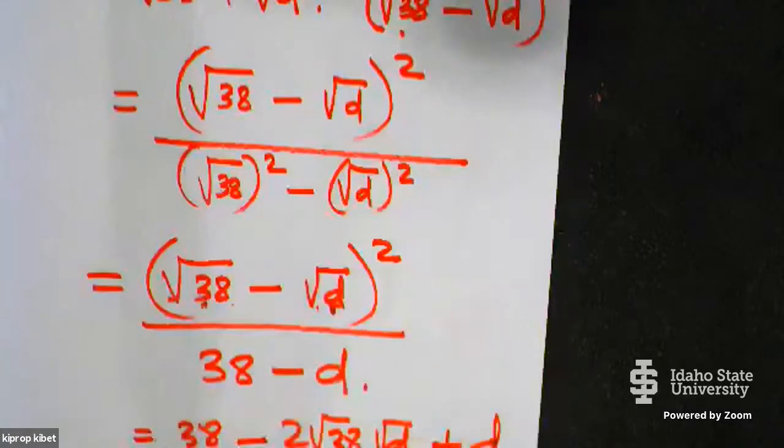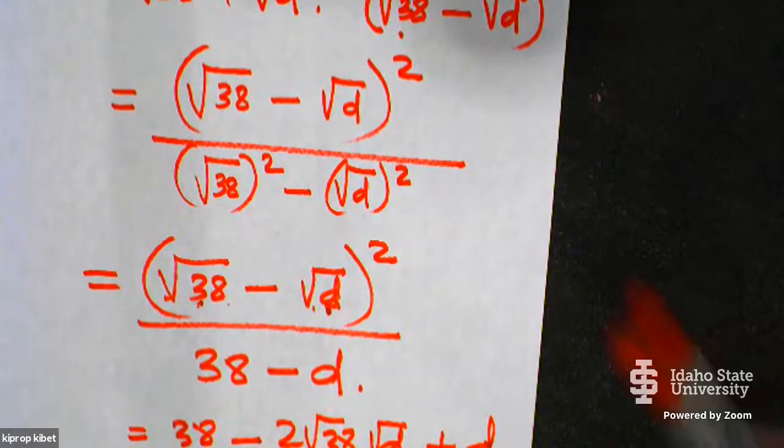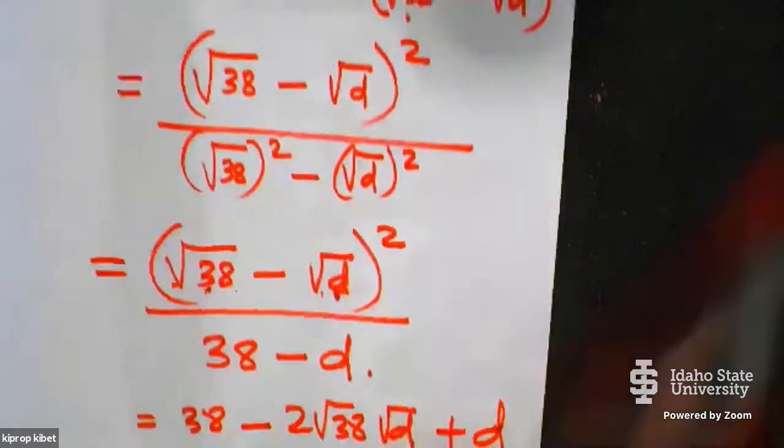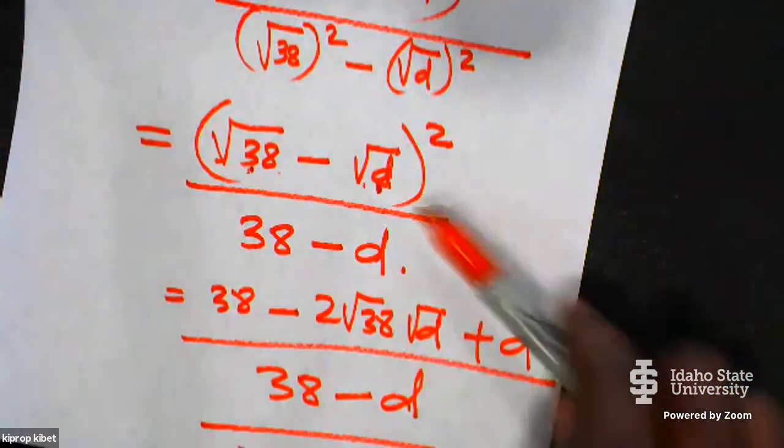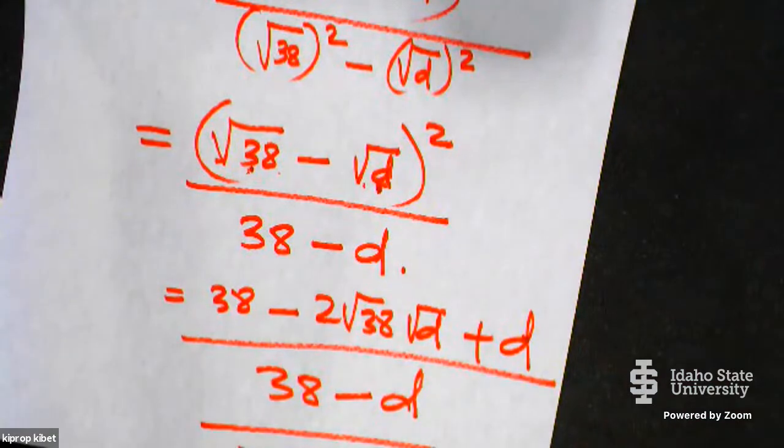So if you want to simplify, it can be like this, or you can just leave it like that. Okay? All right. Any question?